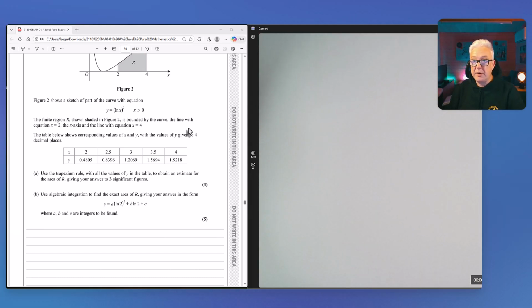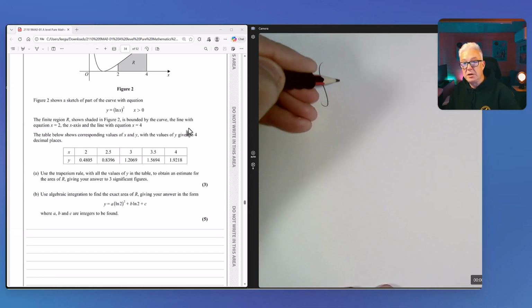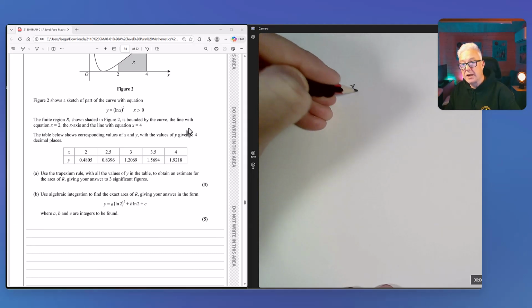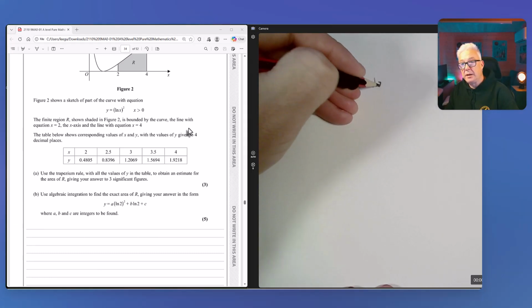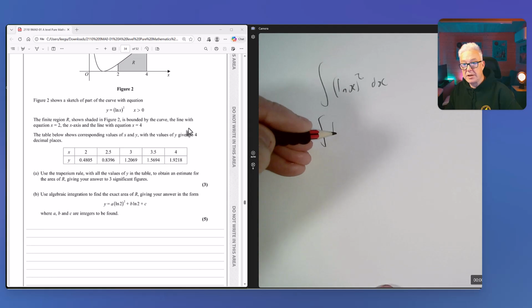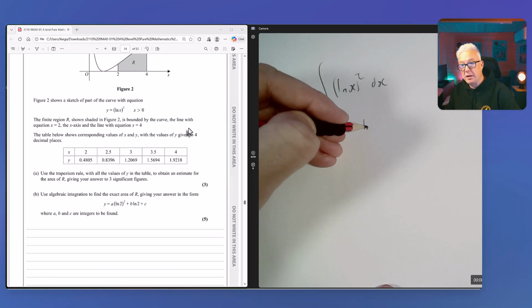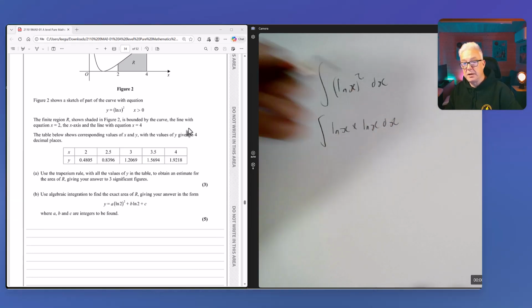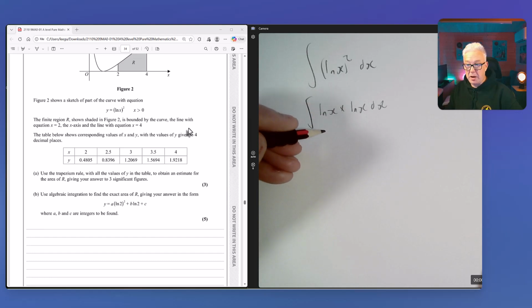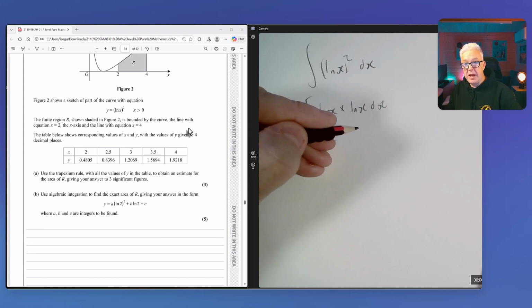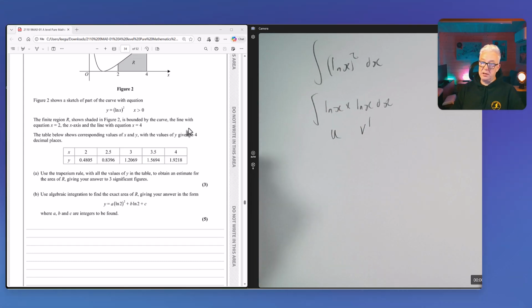And what we're going to do now is turn our attention to integrating ln(x) all squared. And ln(x) all squared is the same as integrating ln(x) times ln(x). Okay, so we've got to use integration by parts again here. So u is going to be ln(x) and v' is going to be ln(x).